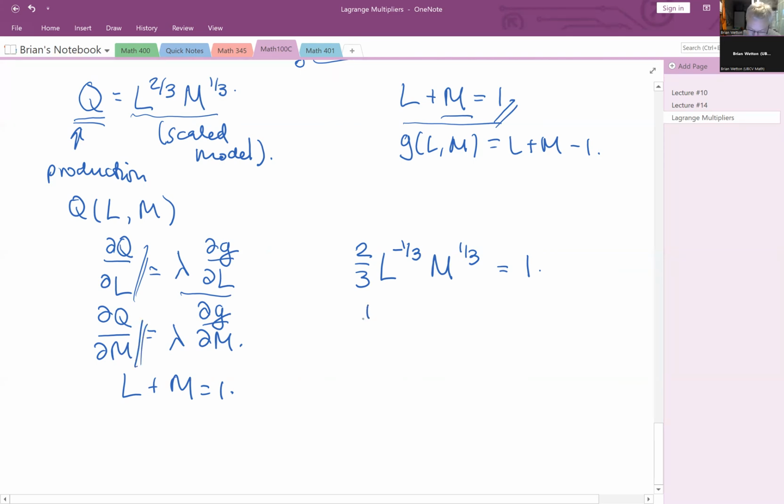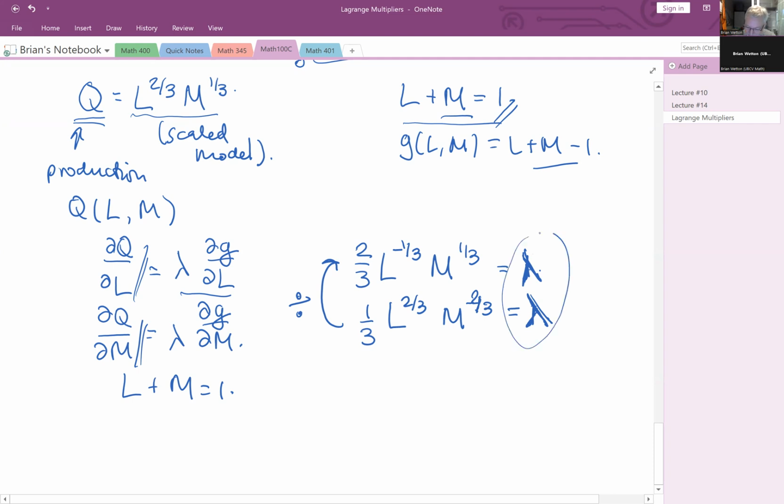Here I get 1/3 M to the minus 2/3, and then I'll have L to the 2/3 here, and when I take the derivative with respect to M, I get 1. Again, the algebra comes out kind of nicely. I'm going to take this one and divide by that one. These are lambdas. And I'm doing that to eliminate lambda.